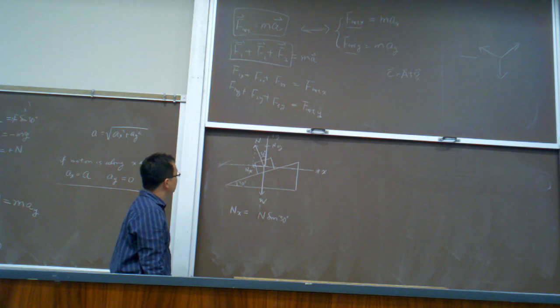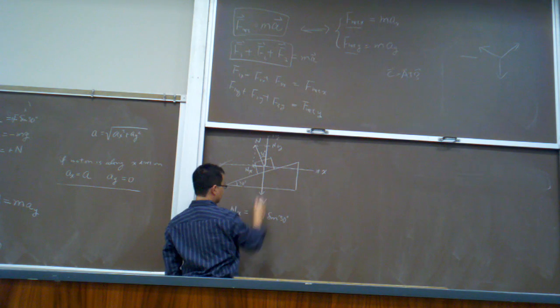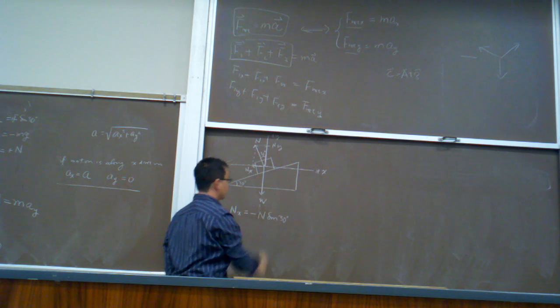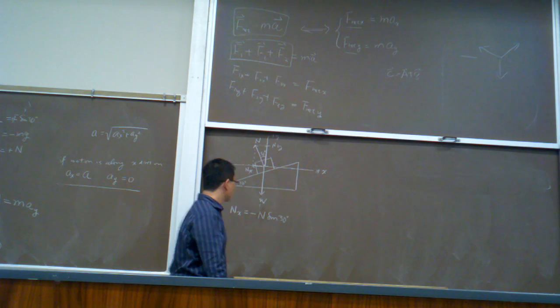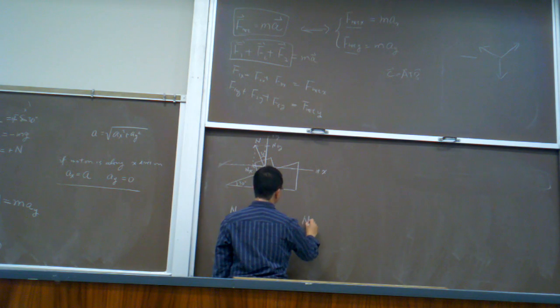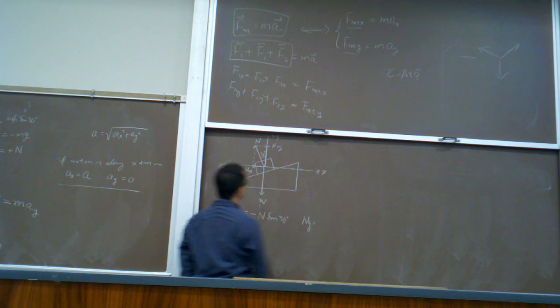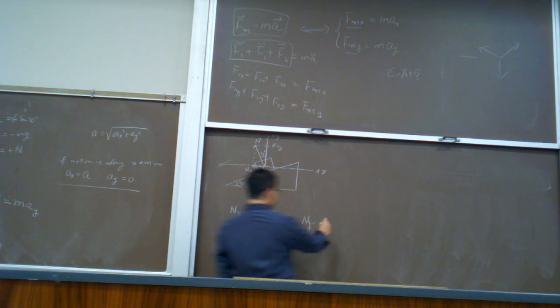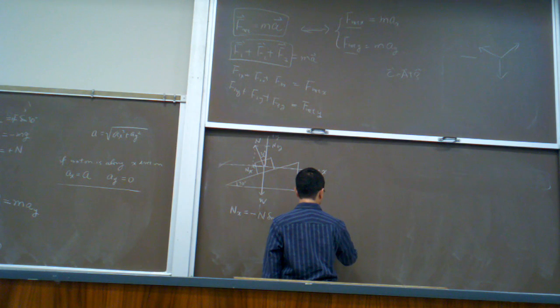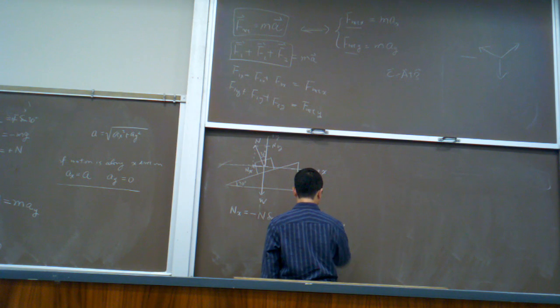Negative, right? If I still use the normal coordinates, positive is to this direction. And what is Ny? N multiplied by cosine 30 degrees. Positive.